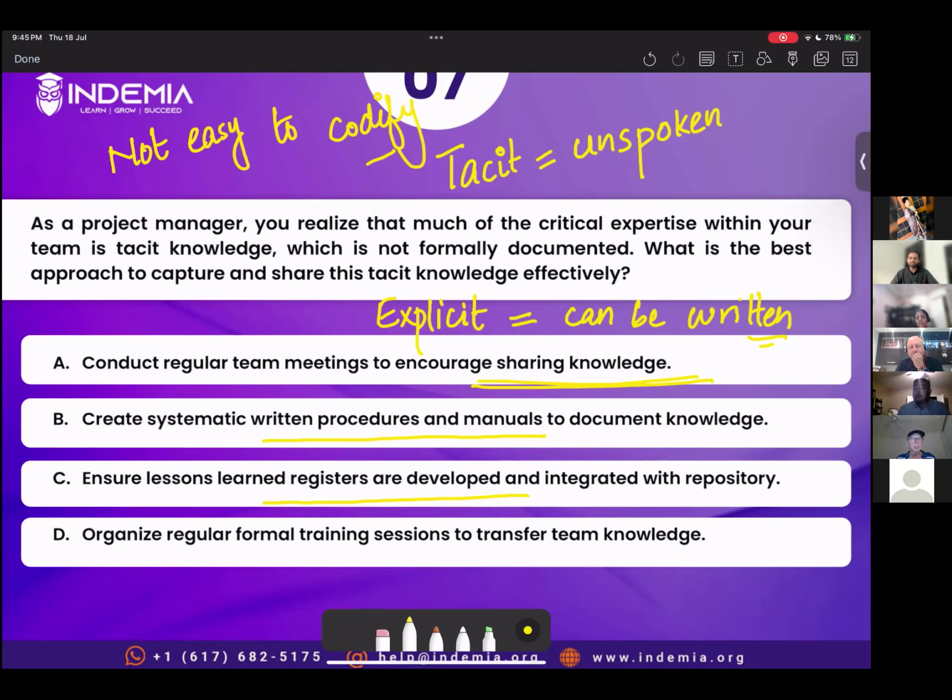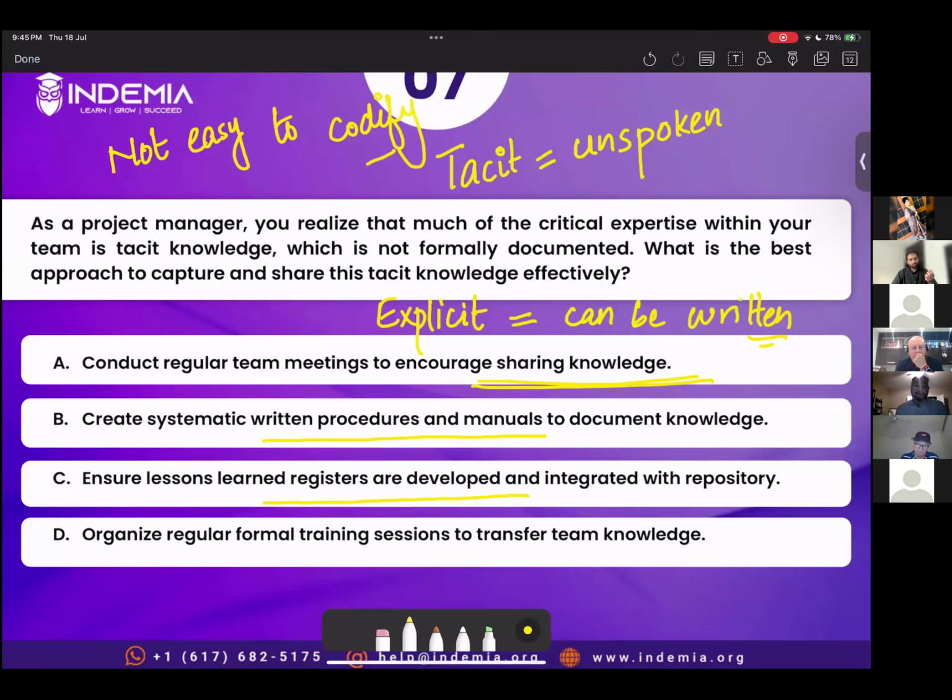In formal training sessions, you cannot explain your entire experience, or you can say, okay, I have gathered this experience and that was the situation where I did that, right? So the best choice is to have informal team meetings and encourage knowledge sharing where they share their own personal beliefs, experiences and intuition. So the best choice is option A. All other options are incorrect.